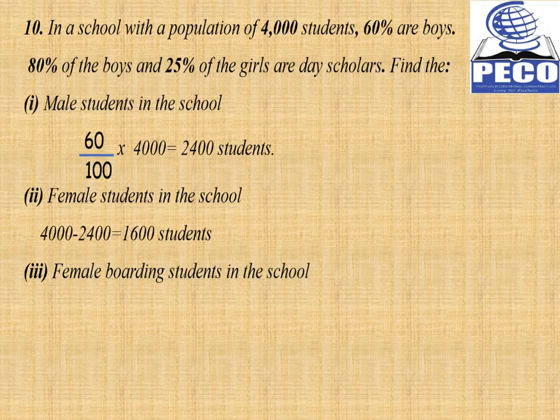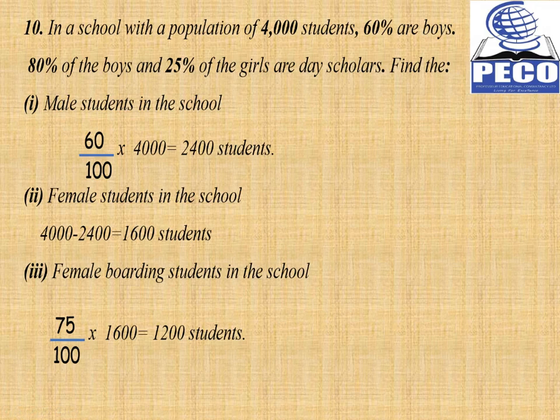Female boarding students in the school. We go back. The females are 1,600, but 25% are day scholars. So what is the percentage of boarders? That will be 75, because 100 minus 25 gives us 75 out of 100 times the 1,600 female students.